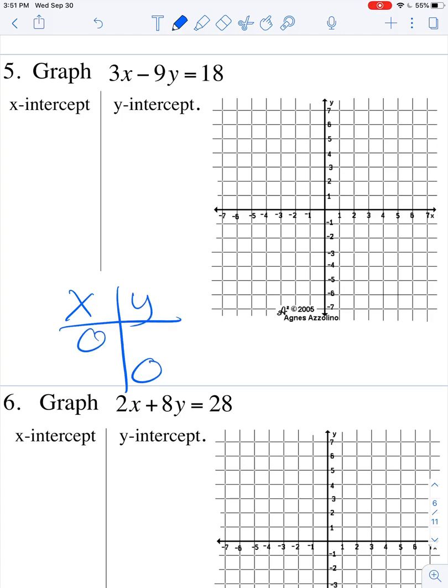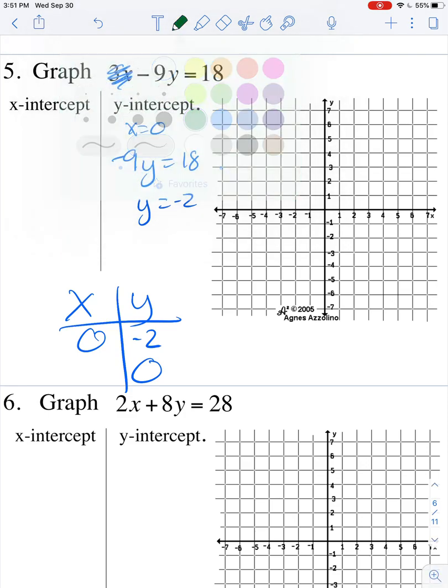I'm going to throw my table down here, 0 in each corner. If I put a 0 in for x, that's going to be my y-intercept. That will leave me with -y equals 18, so y equals -2.